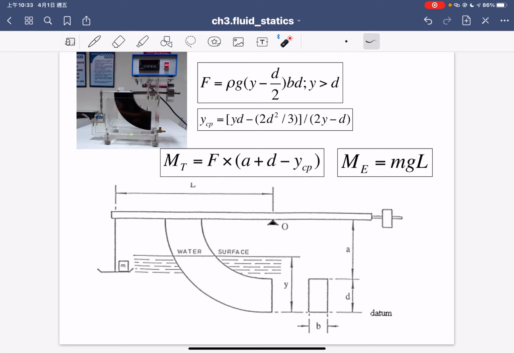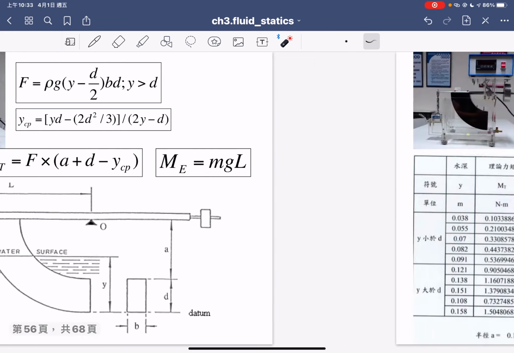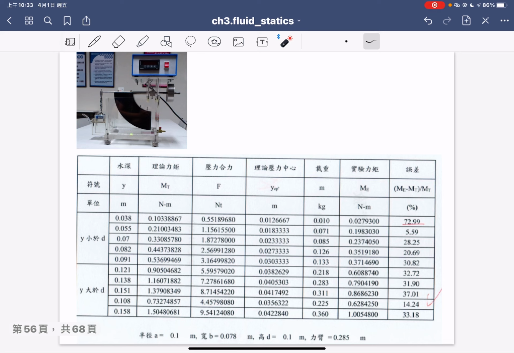And on the right-hand side, you have a recorder showing the mass here, so you can compute the mgL. So for this experiment, we need to compare. We compute the theoretical moment and the empirical moment, and then we compare the difference. Okay, and you can see the difference sometimes is quite large, and sometimes is smaller.